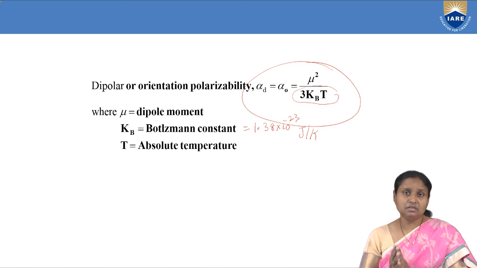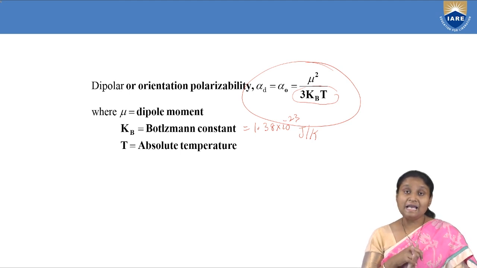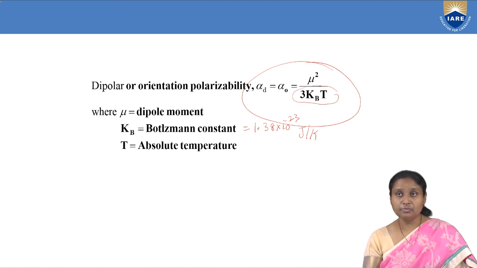And of all these 3 polarizations, we have seen that electronic polarizability depends on the volume of the atom. Ionic polarizability depends upon the natural frequency of ions, which is given as omega naught, actually the square of the natural frequency of the ions. And orientation polarization, as we can see, is the only polarization that depends on temperature.